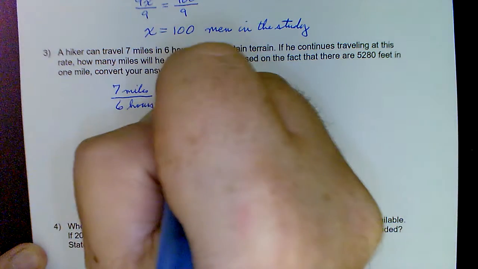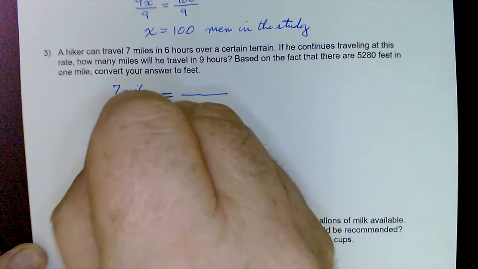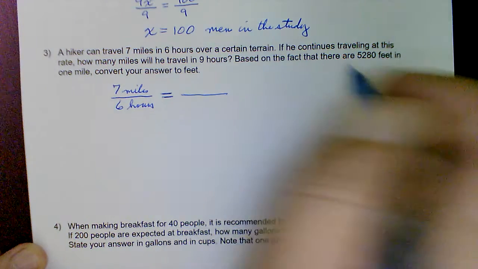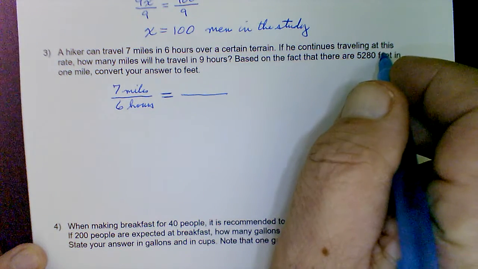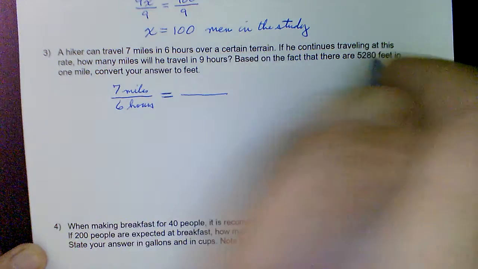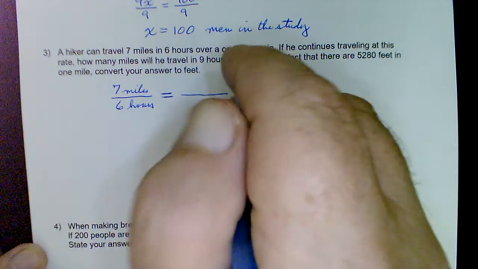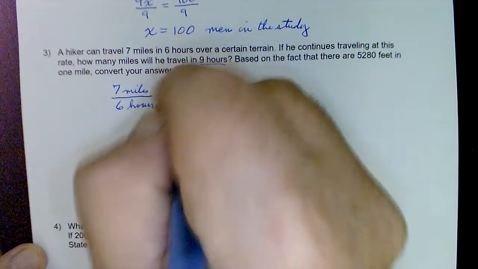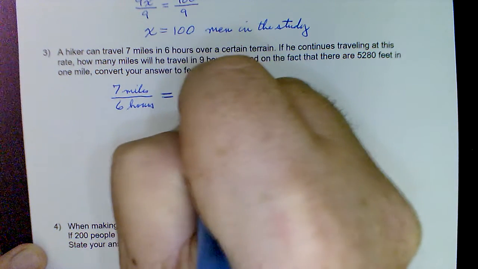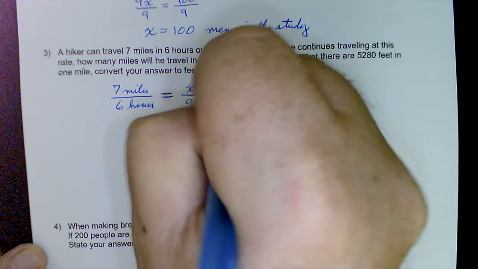Set up the proportion equal to, so I know miles goes on top and hours goes on the bottom. And we're asked how many miles. If it continues at that rate, how many miles? So that's the unknown that goes in the numerator. 9 hours goes with the hours on the bottom. And we'll call this X miles.